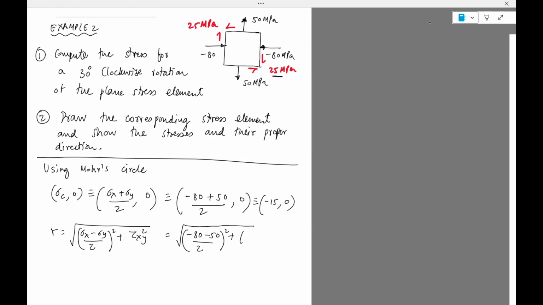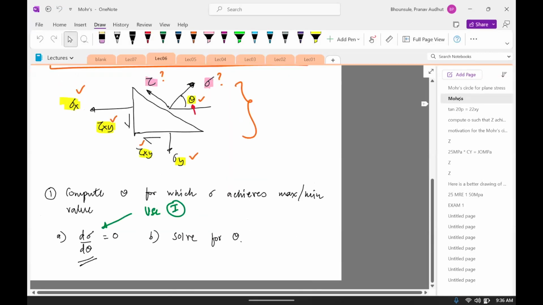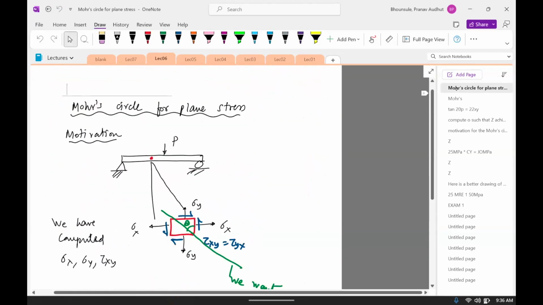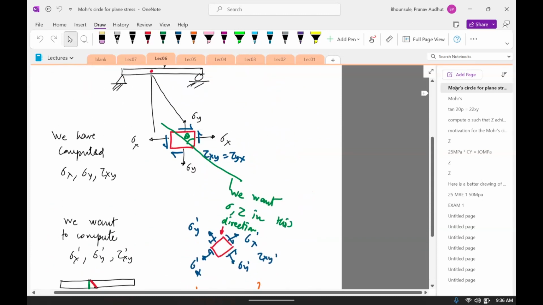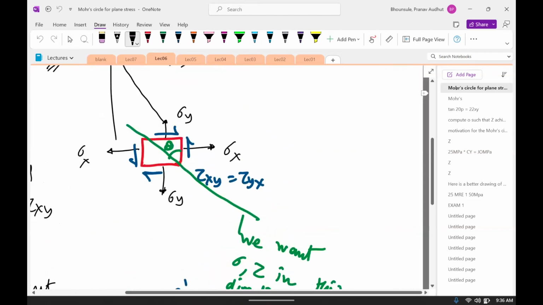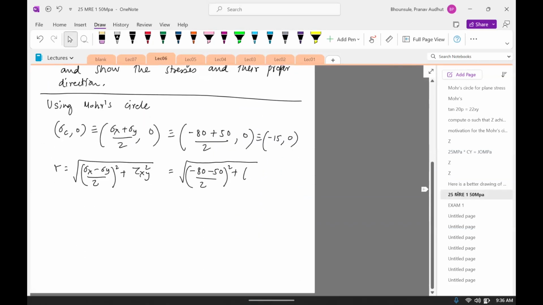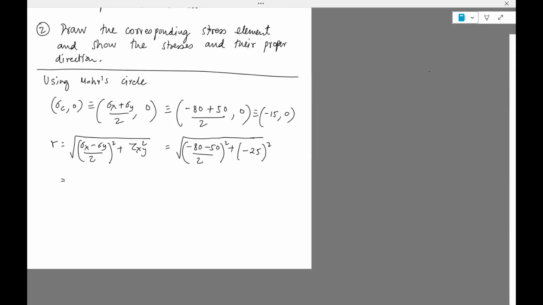If you look at the stress element, you can see that the way I've shown the stress, shear stress is counterclockwise on the sigma x direction. That was considered positive. So here the stress would be negative. Not that it really matters here, because eventually it'll get squared. Okay, so this comes out to be 69.6.